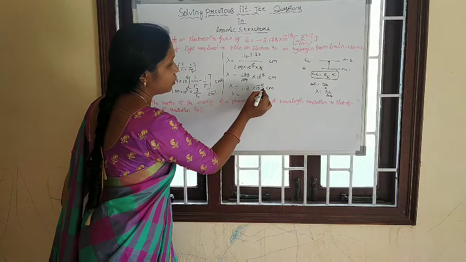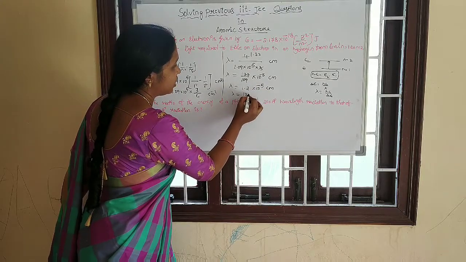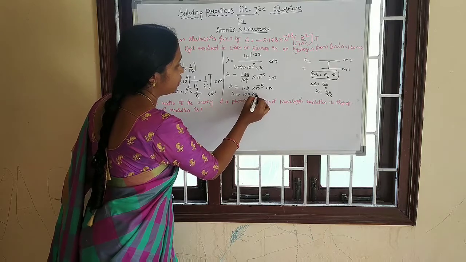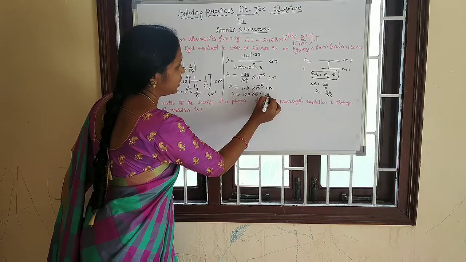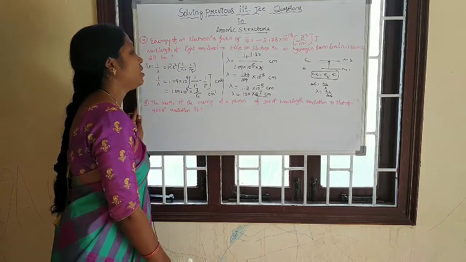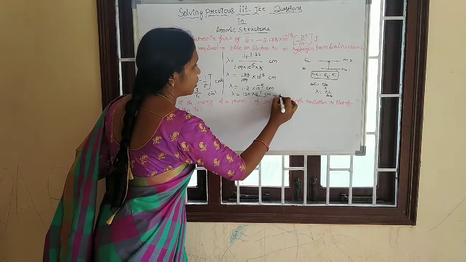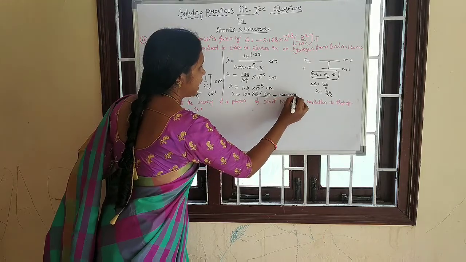Multiplying and dividing by 100, that means 120 into 10 power minus 7 centimeter. 10 power minus 7 centimeter means 1 nanometer. So the lambda is equal to 120 nanometers.